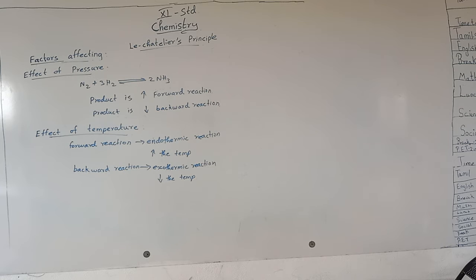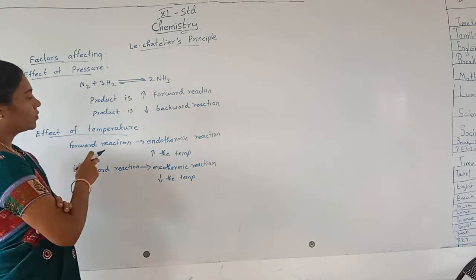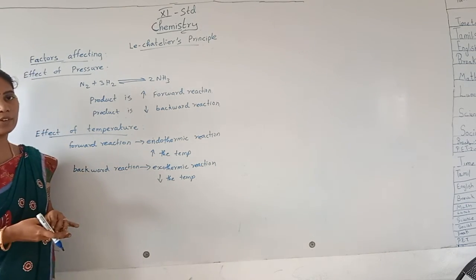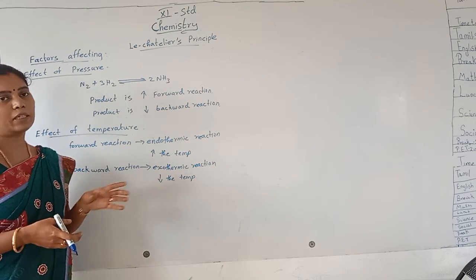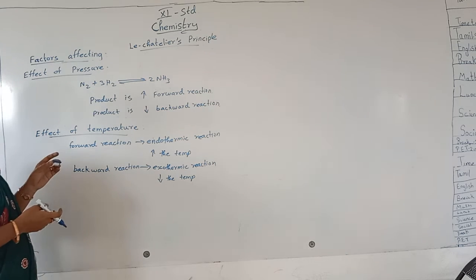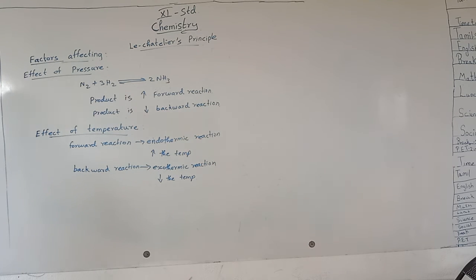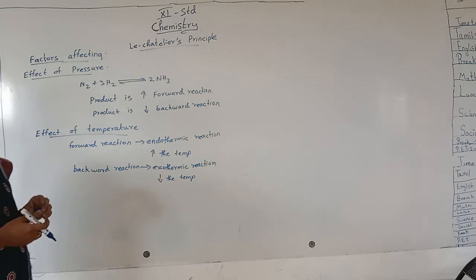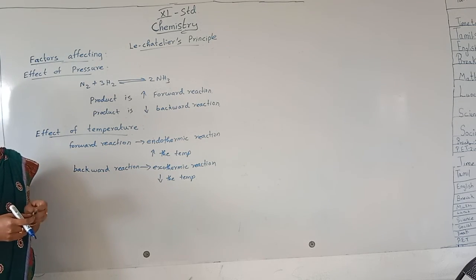Then the effect of catalyst. The addition of a catalyst has no effect on the equilibrium system. The catalyst increases the forward reaction and the backward reaction equally.